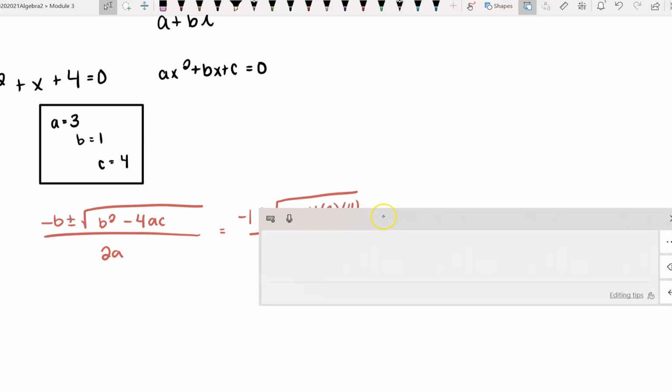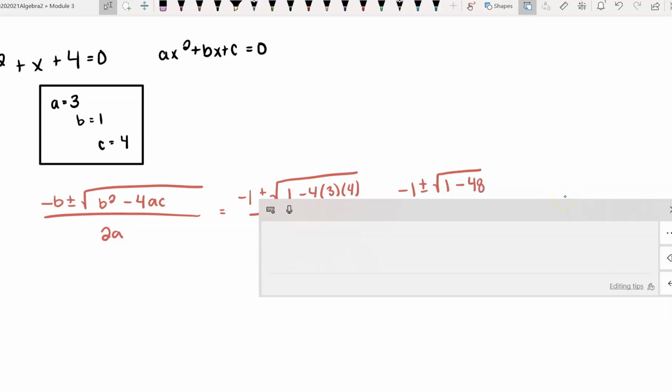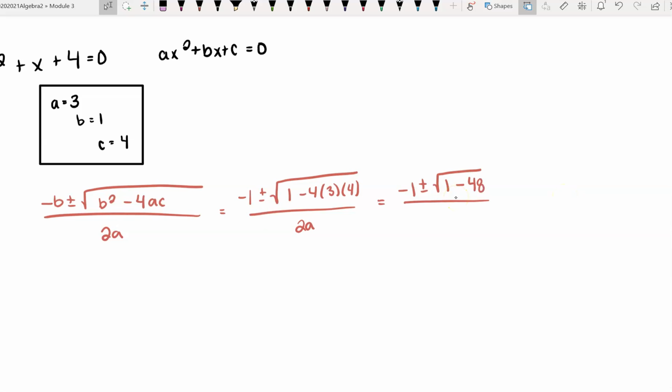Now we get negative 1 plus or minus the square root of 1 minus 48, since 4 times 3 is 12, times 4 is 48. I didn't plug in a for the denominator: 2 times 3 is 6. So I've got negative 1 plus or minus the square root of negative 47 over 6.